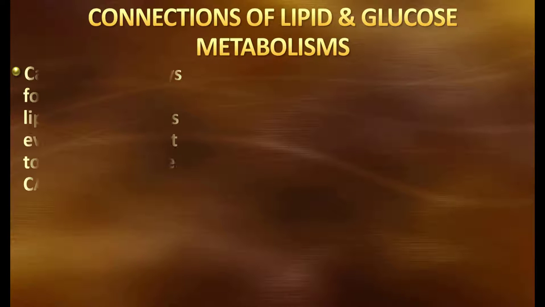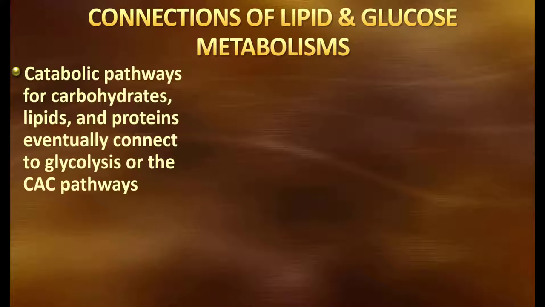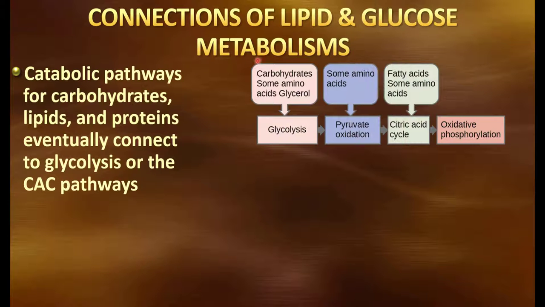We do know that there are other molecules that can be used to go into this energy producing pathway. Some can connect to glycolysis, some can connect to the citric acid cycle. This figure gives us a brief overview of how that might occur. So we could take other carbohydrates other than glucose, some polysaccharides like starch. We could break those down into their glucose units, and then we could perform glycolysis on those.